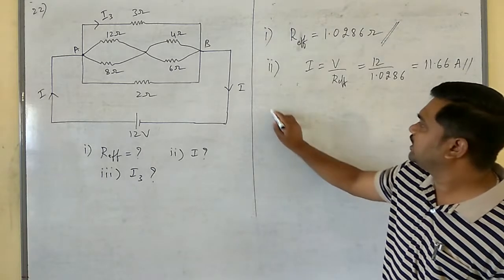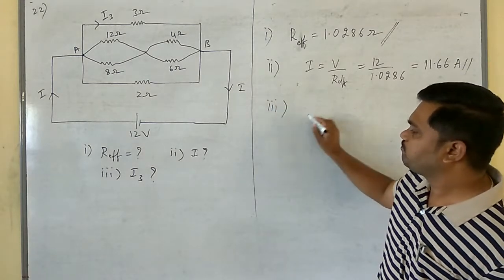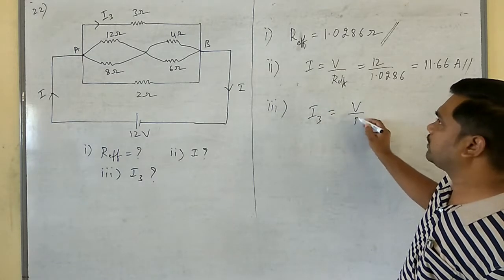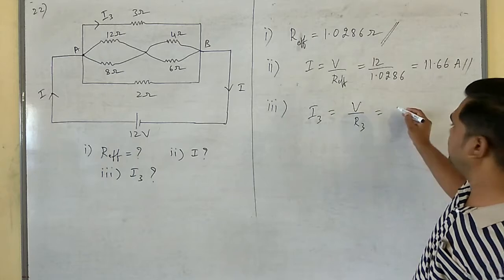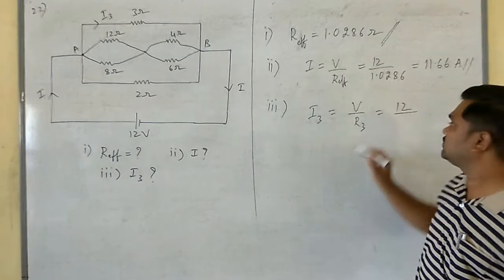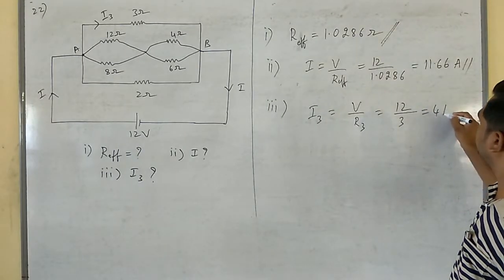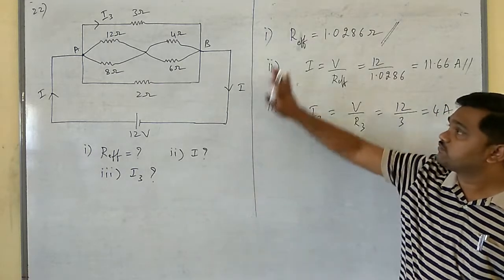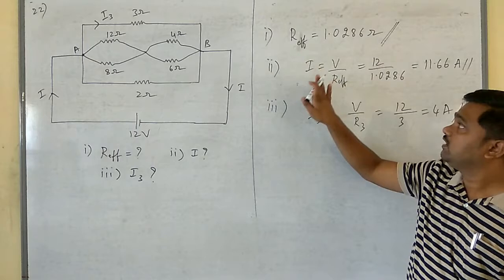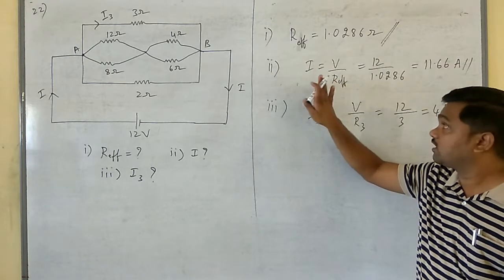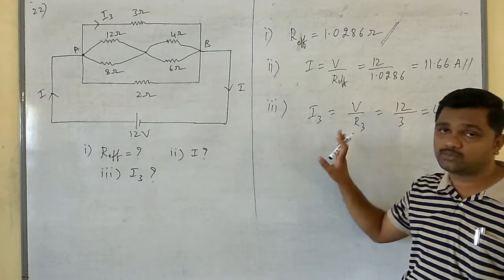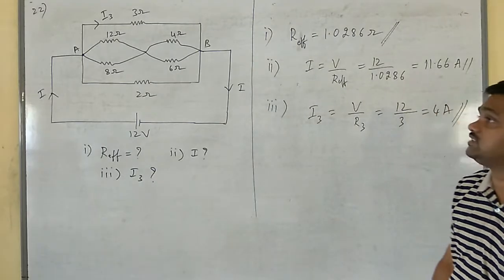Okay, so finally I3. To find the I3 what you should do, V divided by R3, so V is 12, R3 is 3, it gives you 4 ampere. Okay, so like this, first you have to find out the R effective, next you have to find out the current, main current flowing through the circuit, and then finally you have to come to the branch current, that is I3.